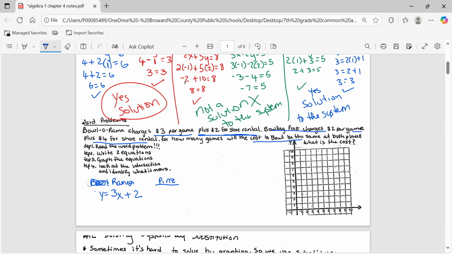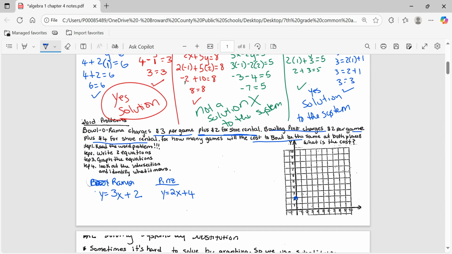They charge $2 per game. Every game. So that's $2 for every game, that's your slope, plus $4 for a shoe rental. One-time fee of $4. For how many games will the cost to bowl be the same for both places? So let's do Rama. We're going to start at 2.